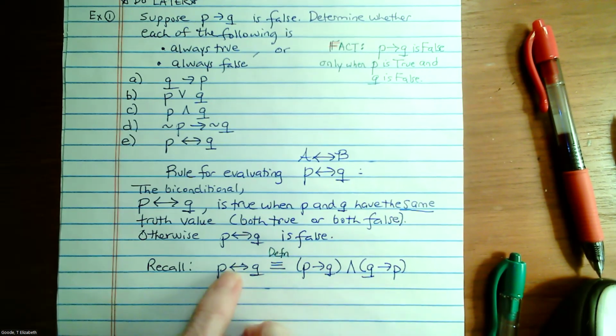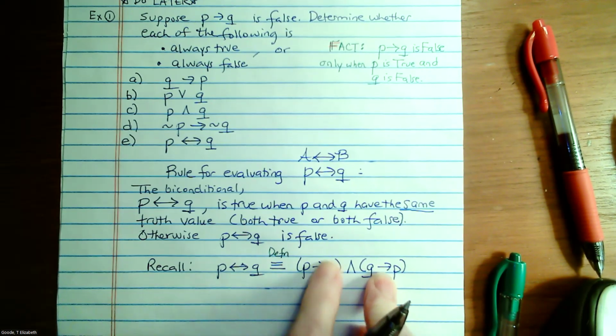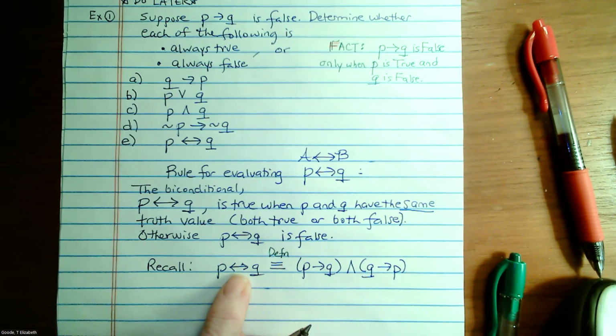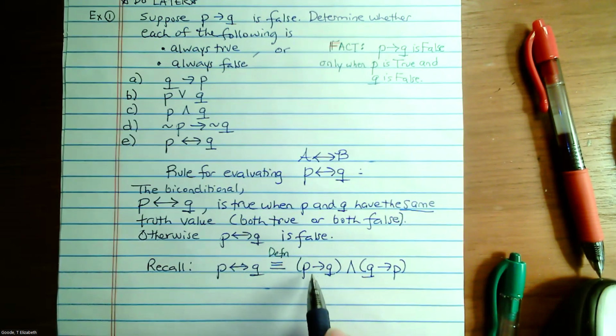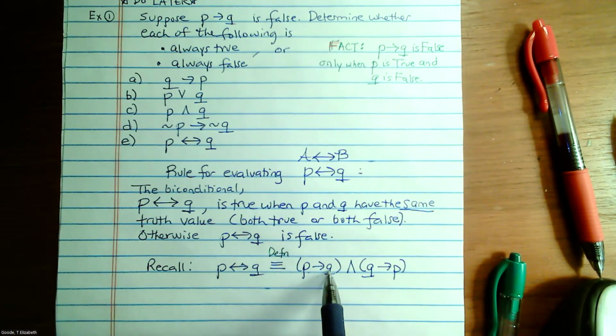Those are the times when both of these are true, which is exactly what it means to say P if and only if Q is true. If P and Q are both false, then P implies Q will be true by false hypothesis, and Q implies P will be true by false hypothesis.